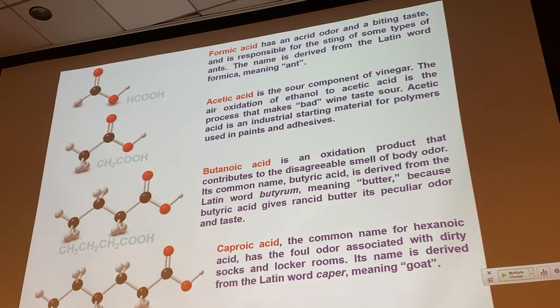This should also say vomit because it smells like vomit. Okay, carboxylic acids stink. Almost all of them stink. But the really interesting thing is they stink differently. That means that our noses are sensitive enough detectors that we can detect the chain length of carboxylic acids because our noses smell these carboxylic acids differently.